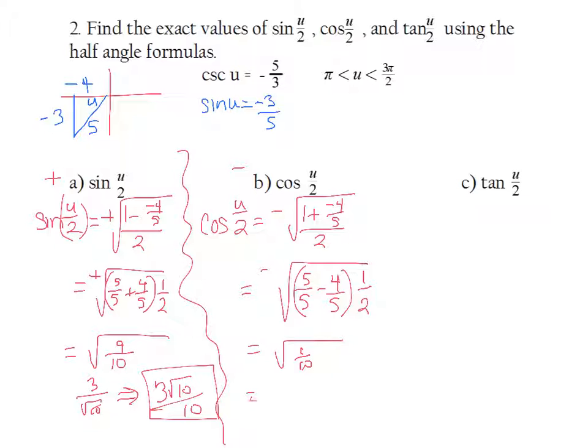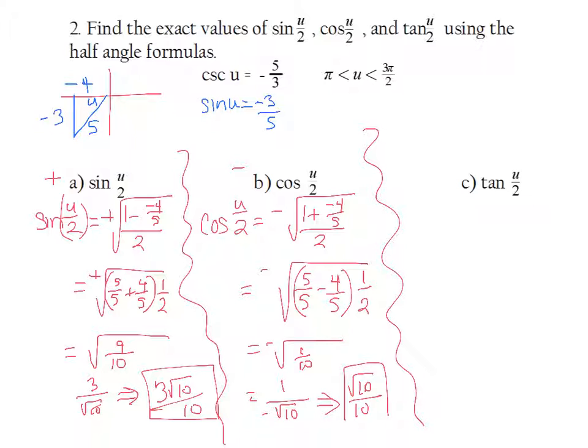The square root of 1/10 is 1 over root 10, which is the equivalent of root 10 over 10. Oh, what'd I forget? Look at me. I started losing that negative. That's why I tend to write the positive, because I have this tendency to lose that sign, so I make such a point of it, and there I went off and forgot it. Negative root 10 over 10.